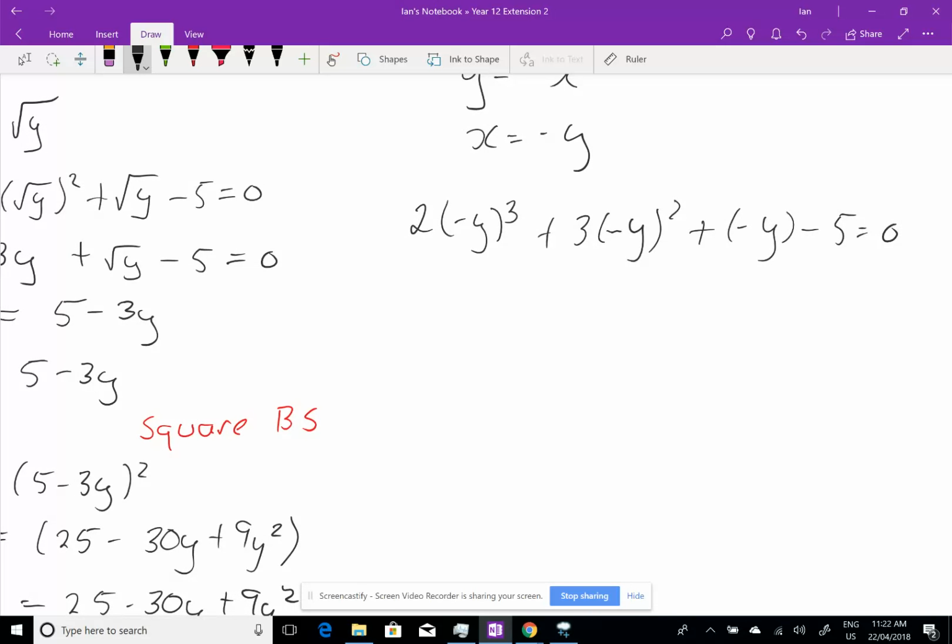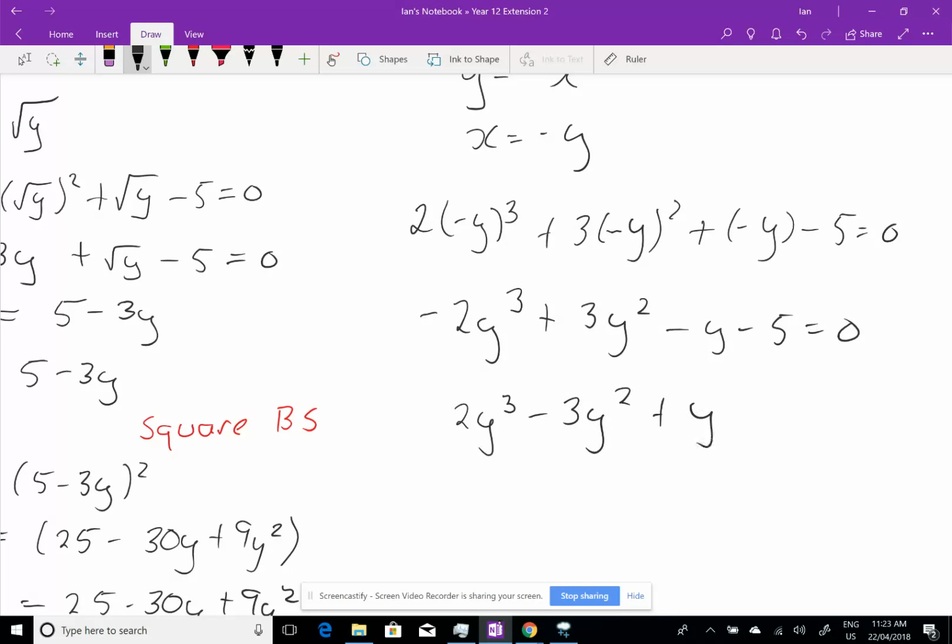And can I please tell you, put your negatives in parentheses so you know what's going to happen. So it's going to be negative 2y cubed plus 3y squared minus y minus 5 equals 0. Take it all over the other side, get positive, so you get 2y cubed minus 3y squared plus y plus 5 equals 0.